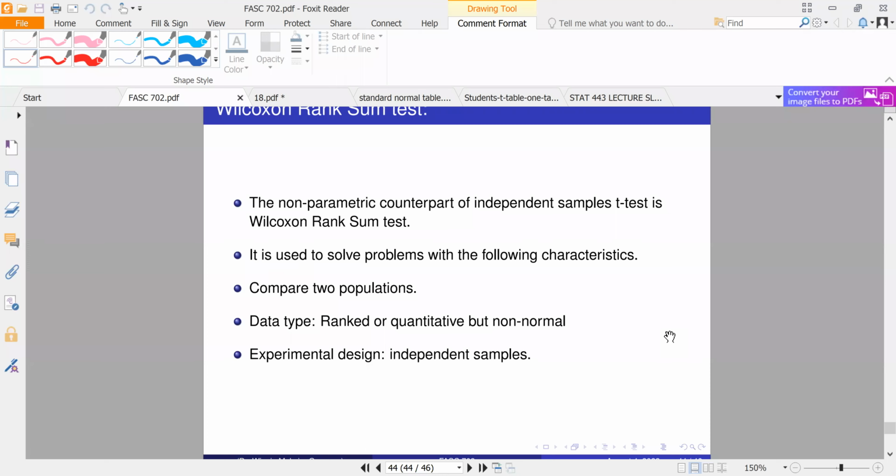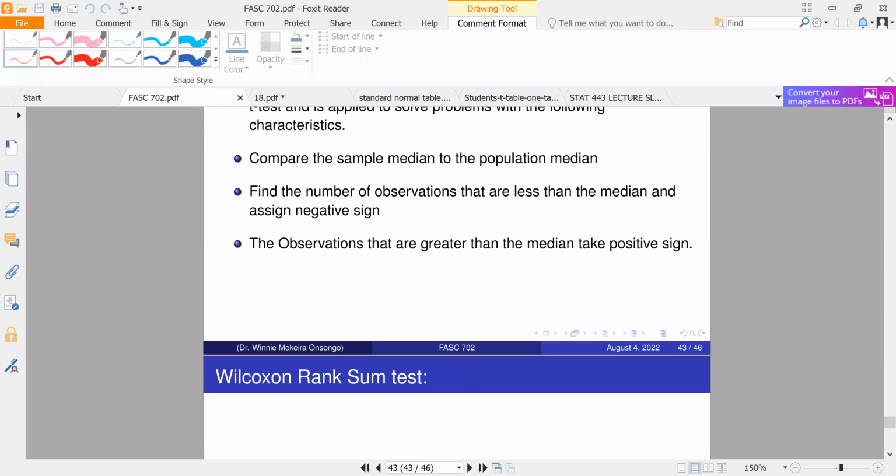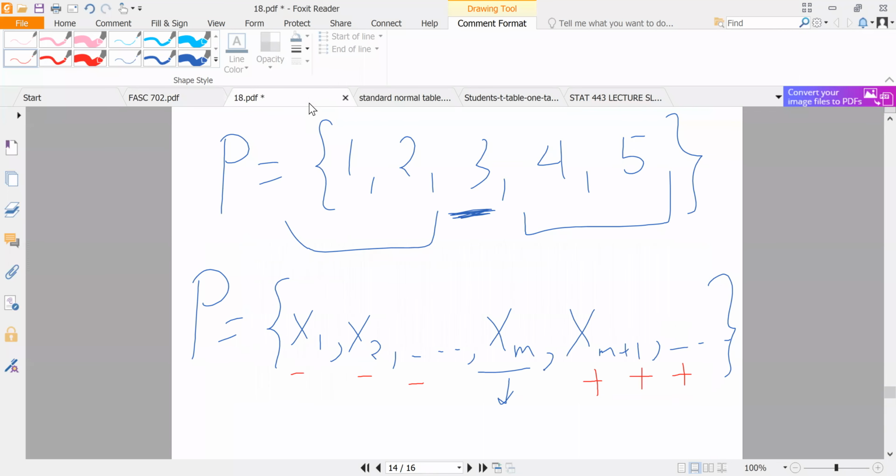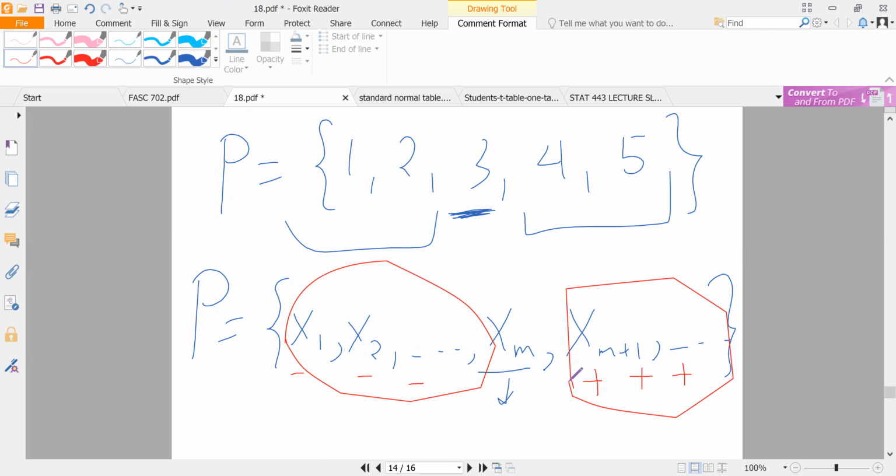Now, in this case, at this point where you have assigned negative and positive values, you'll find the sum. If these negative values are more than positive values, then you make the necessary conclusion.